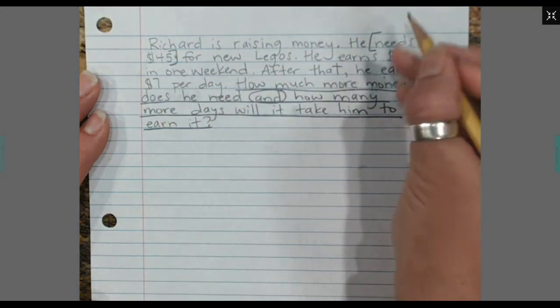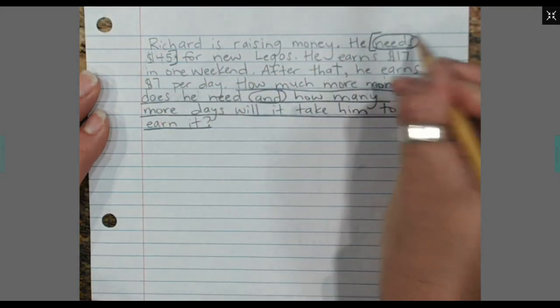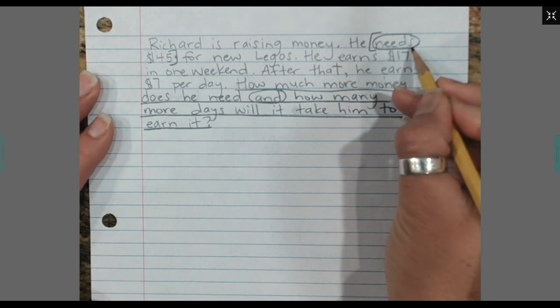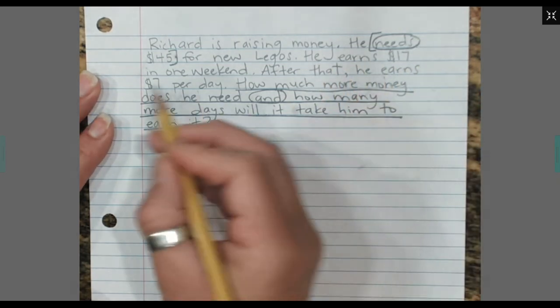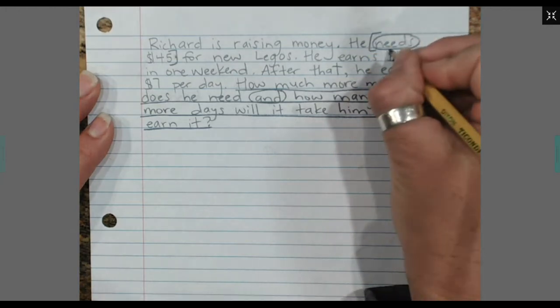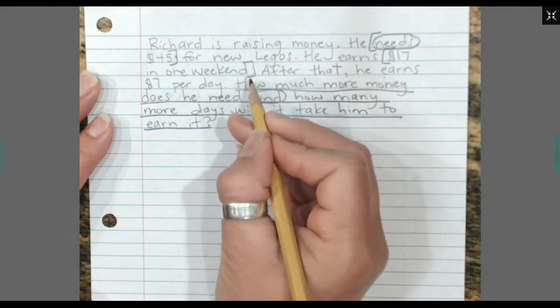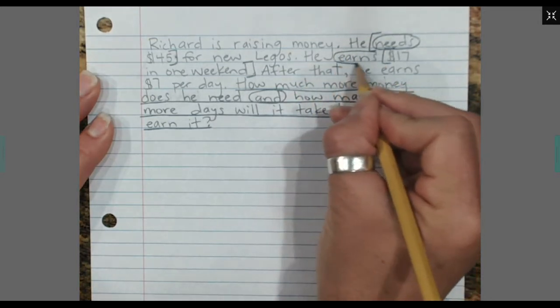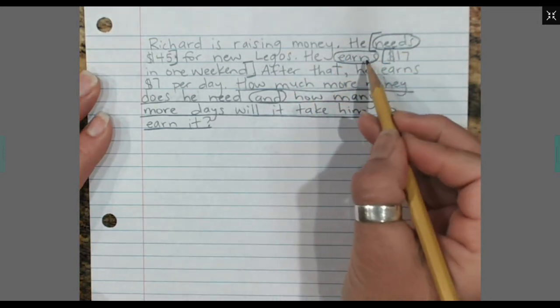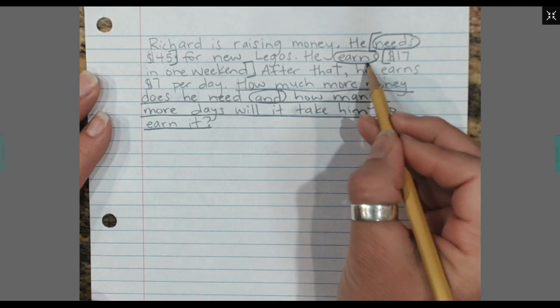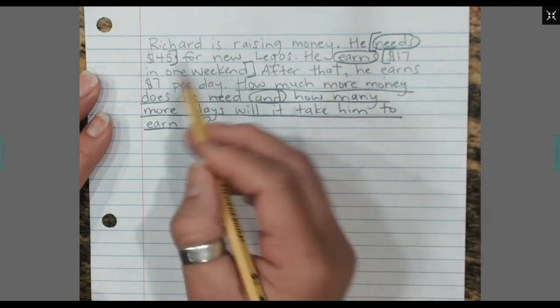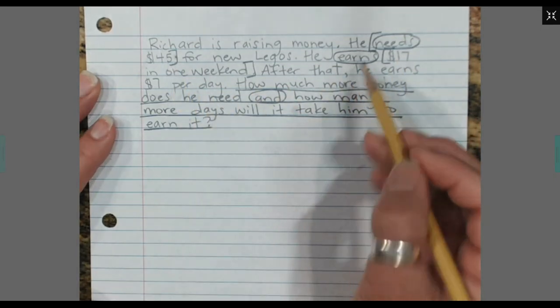And that's actually a verb. That's a keyword. So that tells me he needs that much money. He earns $17 in one weekend. So in one weekend, he gets $17 and he earned that money. That tells me he received that money. He's going to need this much and he received that.